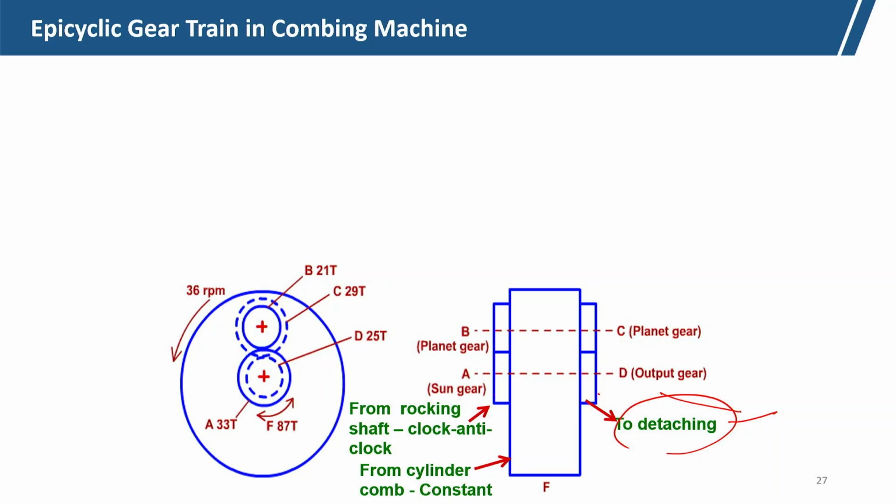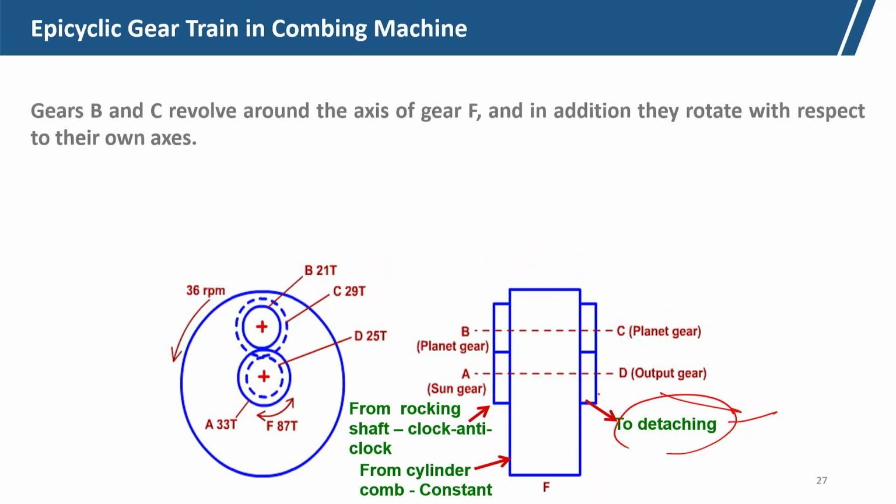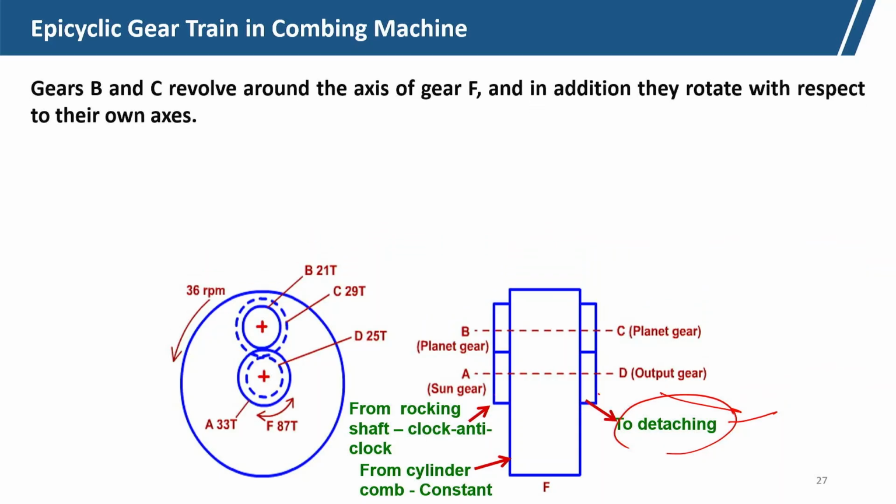The gear ratio can vary from 3 to 4 approximately, which we will calculate and see. Now, gears B and C revolve around the axis of gear F, in addition to their rotational motion which they get from gear A.